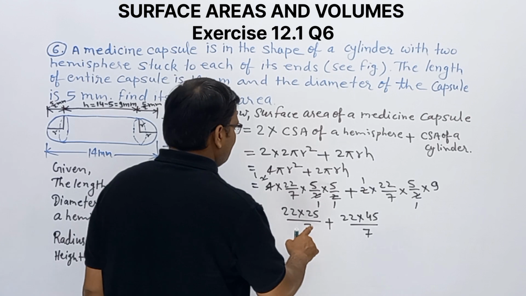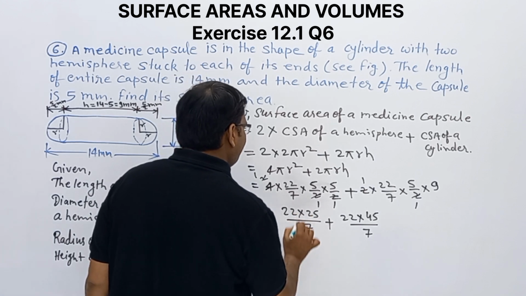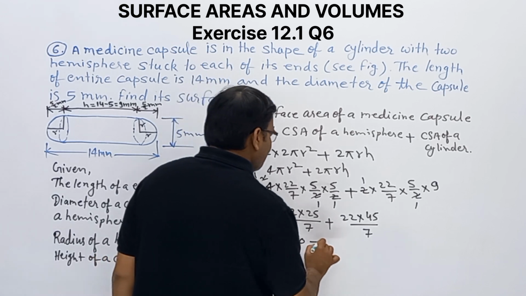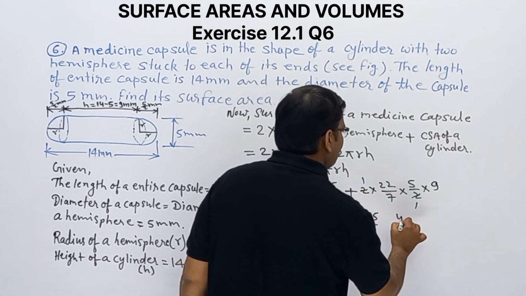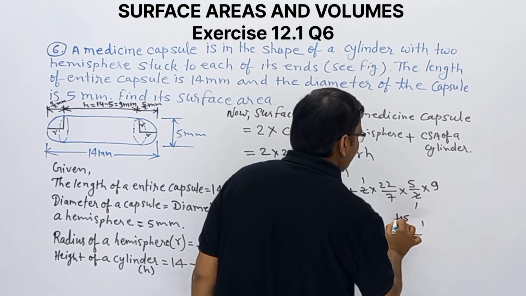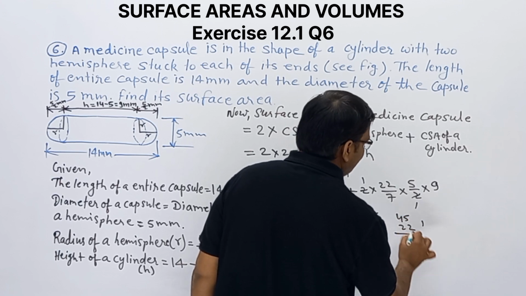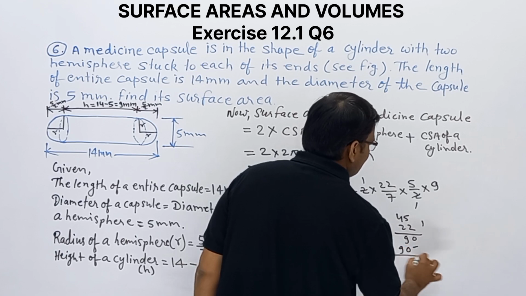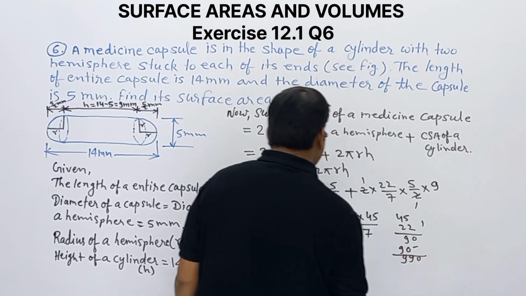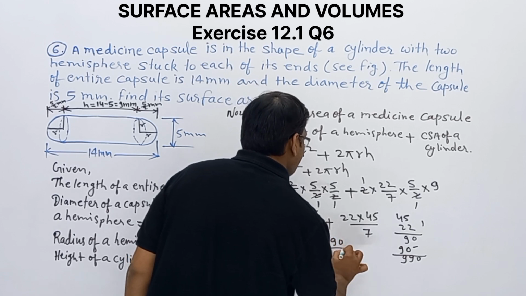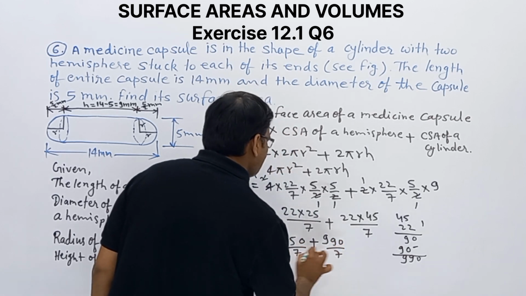This can be written as 25 2 ja 50, 5 is remaining, 25 2 ja 50 plus 5, 55, plus multiply both, 45 multiplied by 2, 5 2 ja 10, 1 is remaining, 4 2 ja 8 or 1 9, so 0 9 9. So we are getting 990 divided of 7, there is also 7.